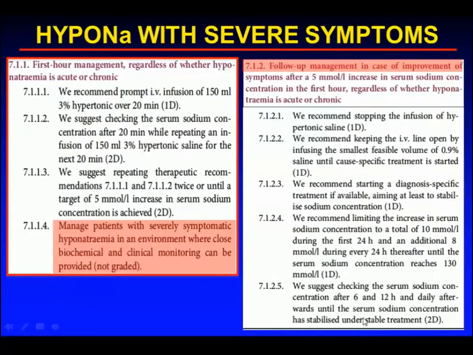And of course, you have to check regularly serum sodium concentration, here after 6 at least and 12 hours daily, until serum sodium concentration is stabilized.